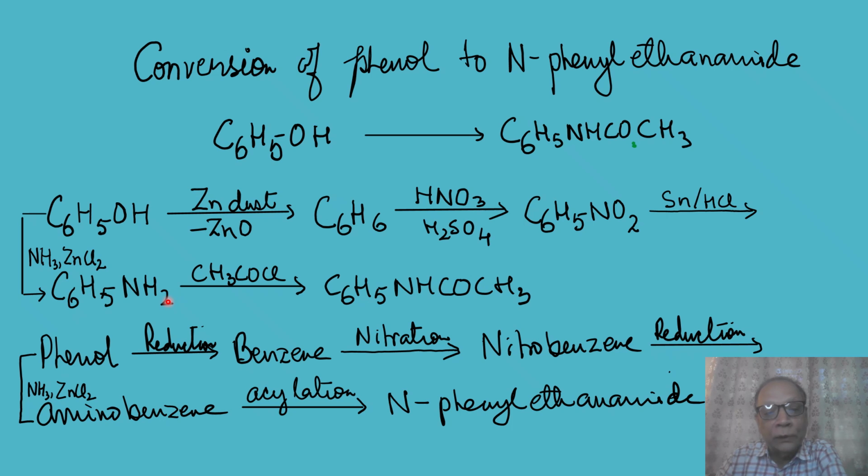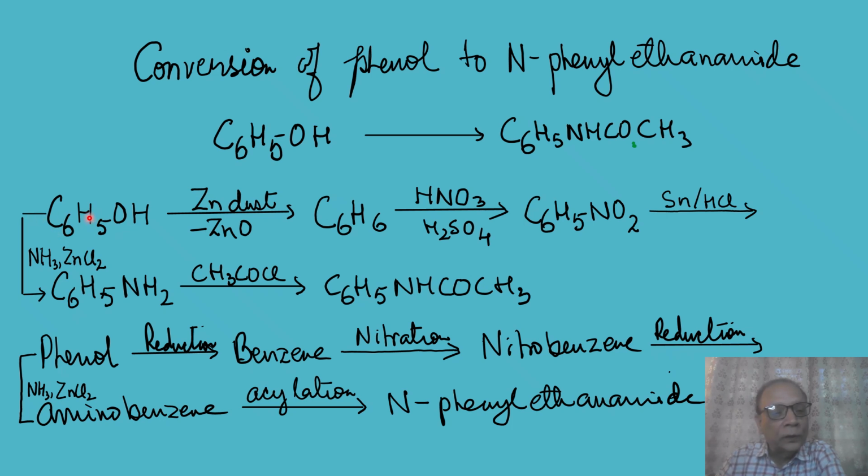This is aminobenzene, and aminobenzene is acetylated using ethanoyl chloride and we get the desired product C6H5NHCOCH3.